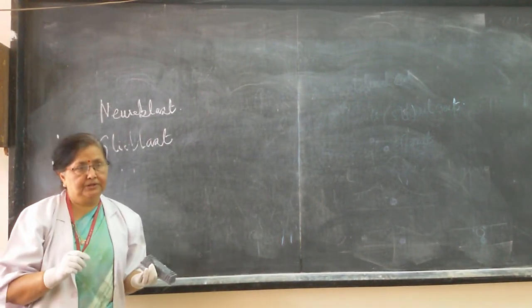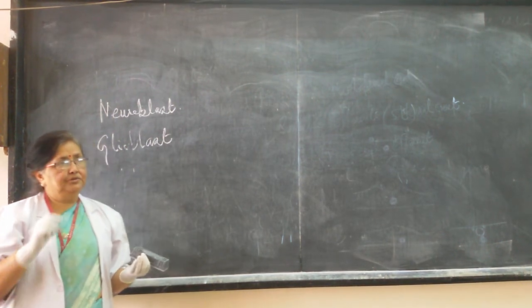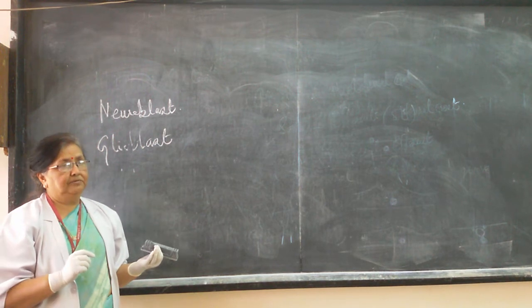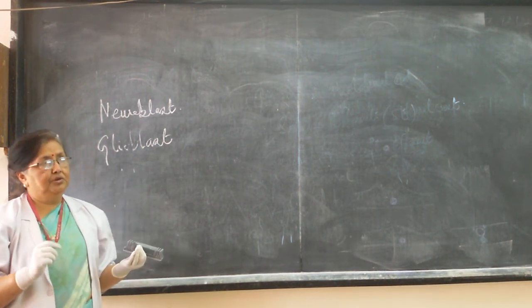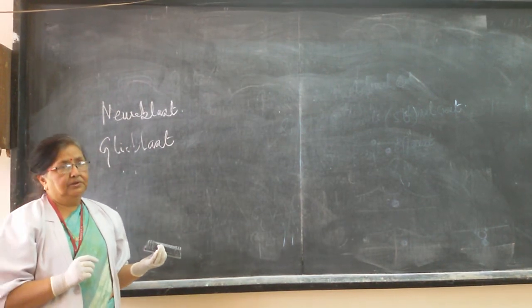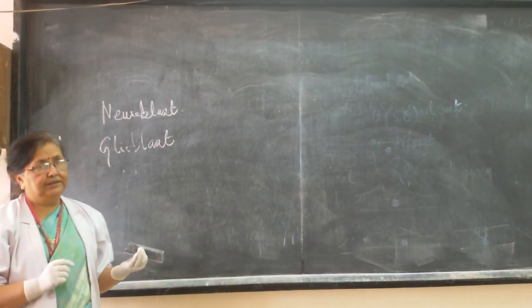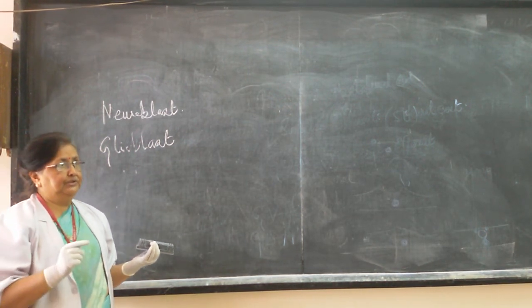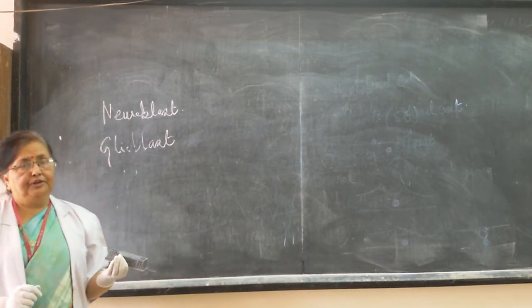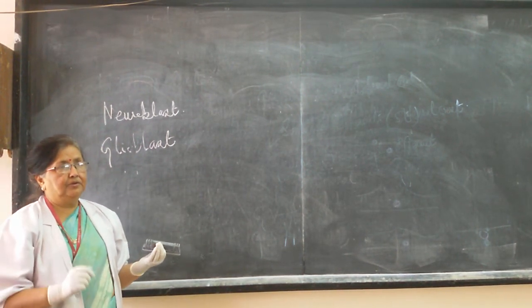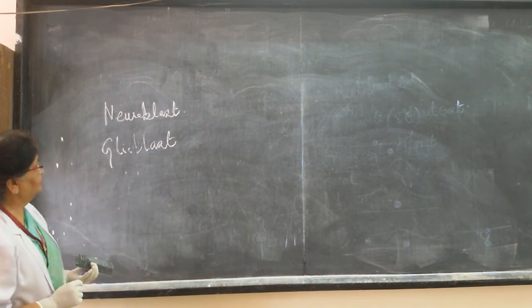This includes the neurons of dorsal root ganglia related to the spinal nerves, then the neurons of the cranial nerves 5th, 7th, 8th, 9th and 10th. The sensory ganglia related to 5th, 7th, 9th, 10th and also the 8th.